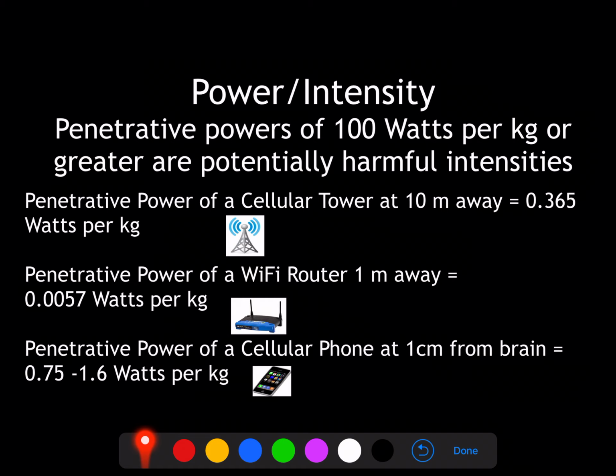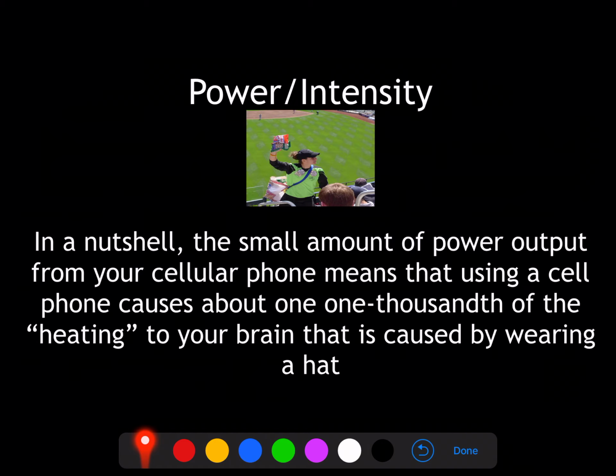And even if you have your cell phone a centimeter away from your brain, which might be the average thickness of a human skull, you're looking at 0.75 to 1.6 watts per kilogram. Again, less than 1 to 1.5% of the intensity that would be potentially harmful.